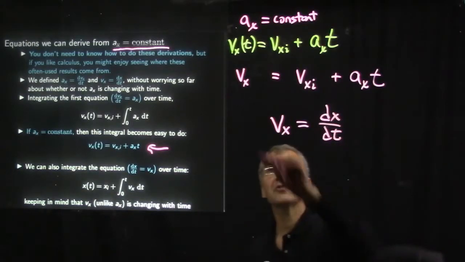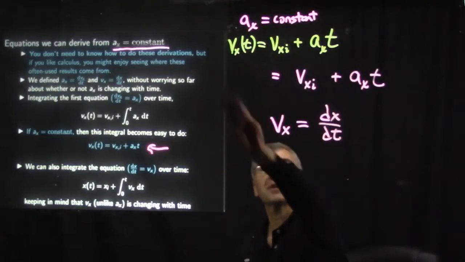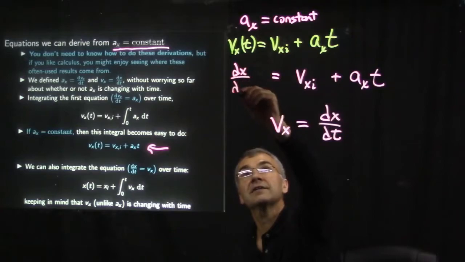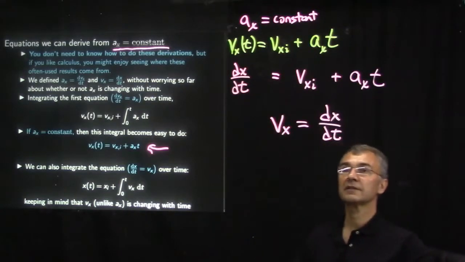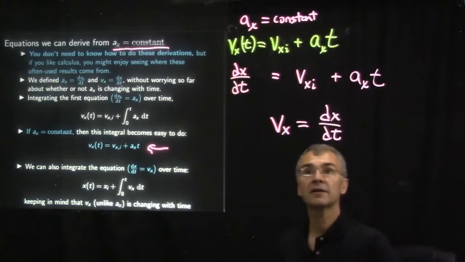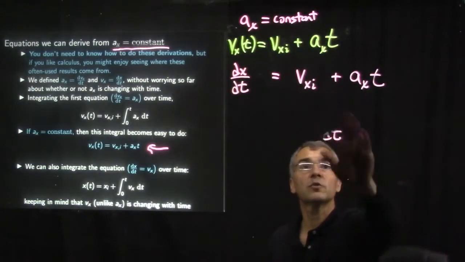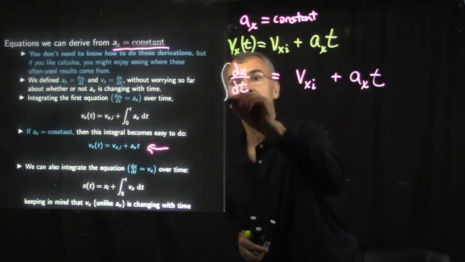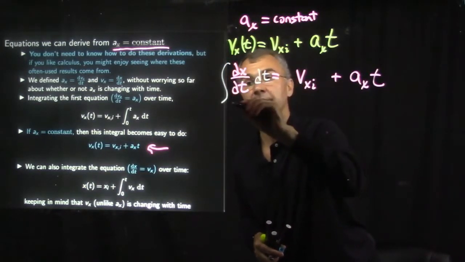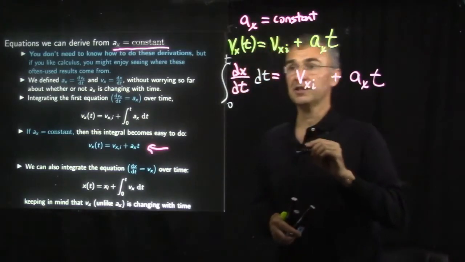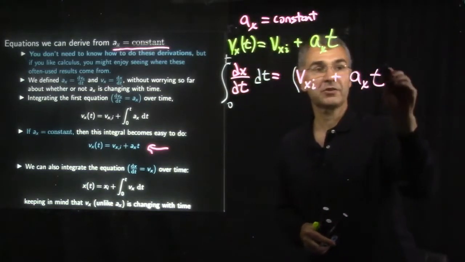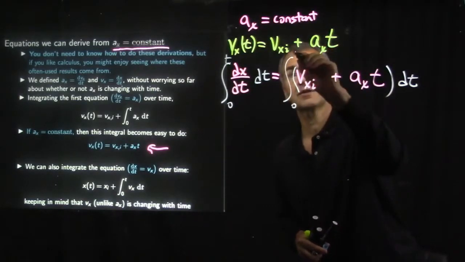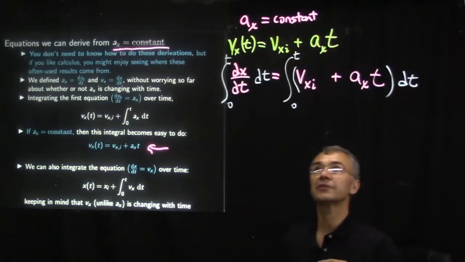So let's erase this and in its place write dx by dt. And then we want to integrate both sides, so we can integrate this side with respect to time from 0 to t, and then we'll put some parentheses here, and we'll integrate this with respect to time from 0 to t.